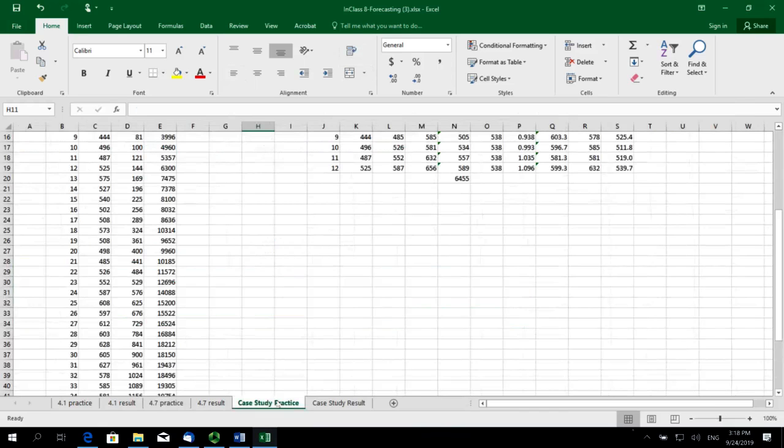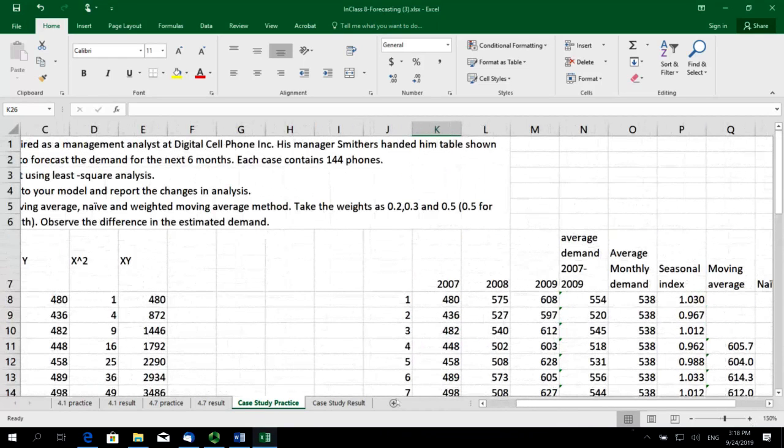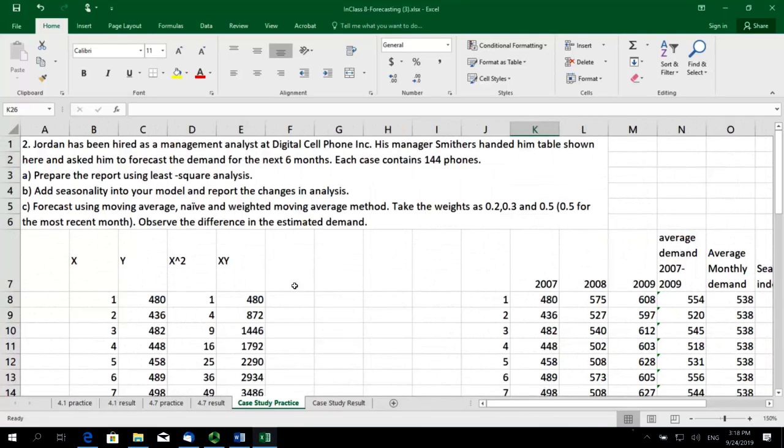So for the third practice, this one, it is a long one. Let's read the question in the beginning to see what the requirements are.